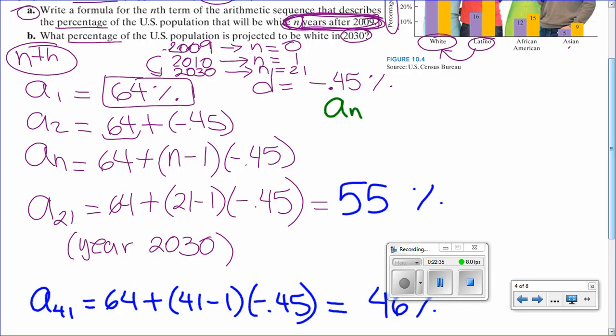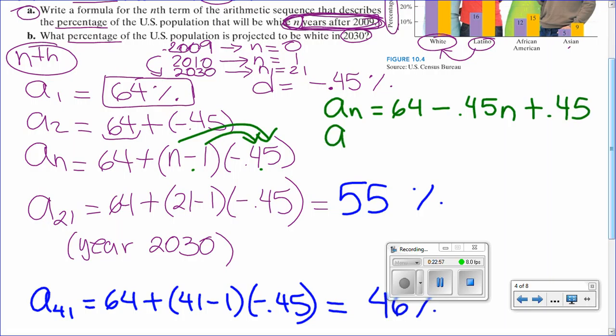So a sub n is equal to 64 plus, and then we distribute right here and here, it will be minus 0.45 n, and then negative 1 times negative 0.45 will be plus 0.45. So simplified, it will be 64 plus 0.45, so 64.45 minus 0.45 n.